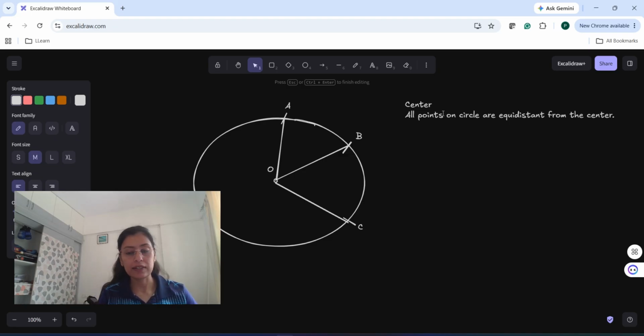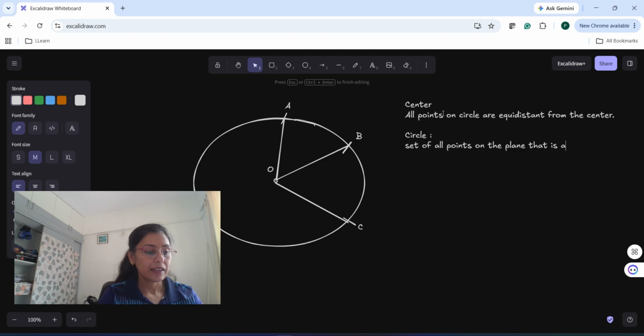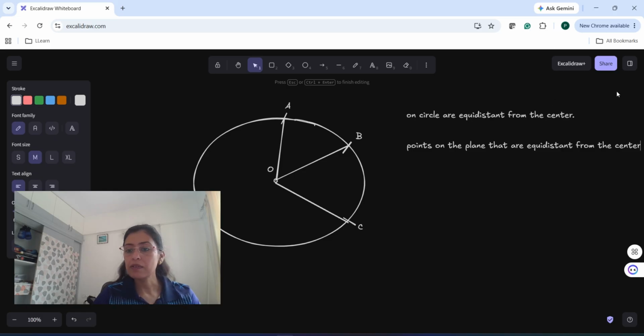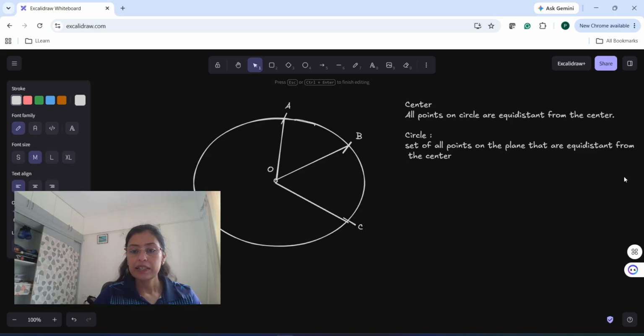Okay, and from this we can give a definition of the circle. So what is the definition of a circle? A circle is the set of all points on the plane that are equidistant from the center, which is a given point on the plane.